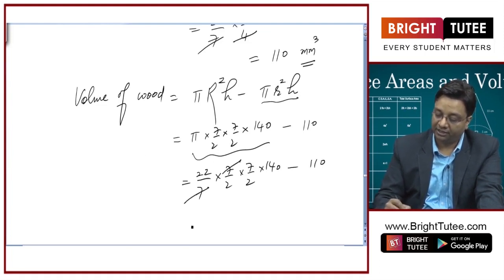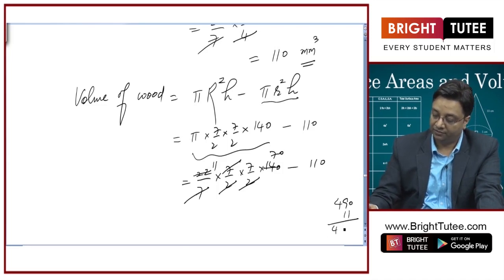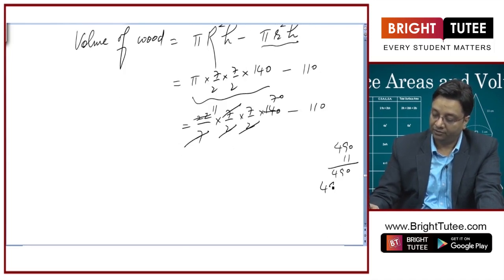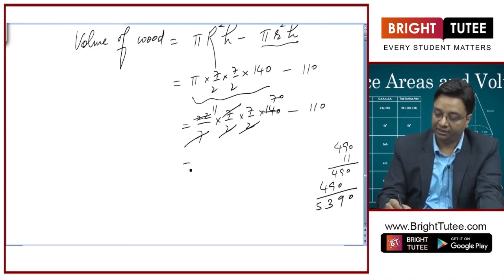So 7 is cancelled, 2 will give you 11 here, and this will give you 70 here. 7 into 70 is 490. 490 into 11 is 5390 millimeter cube, minus 110.